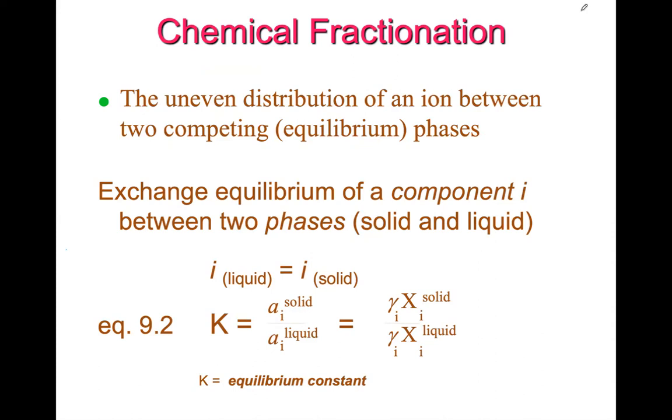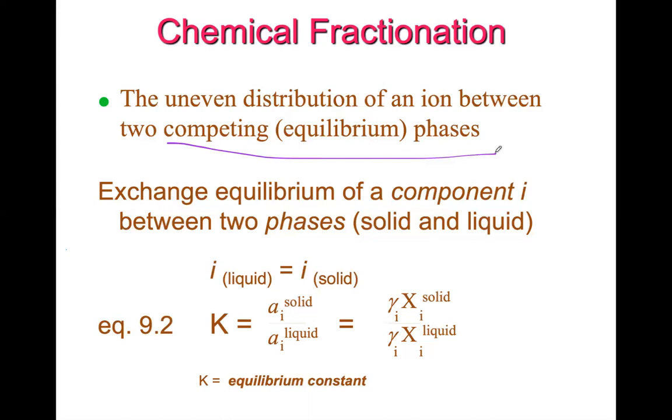And now let's see about chemical fractionation, where we have several phases, two or more phases, which we call competing phases. Why do we call them competing phases? There are several phases which prefer to take up some trace elements, right? There may be not only two, but more than that.